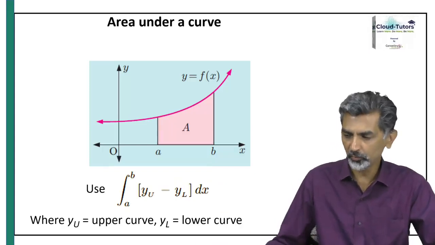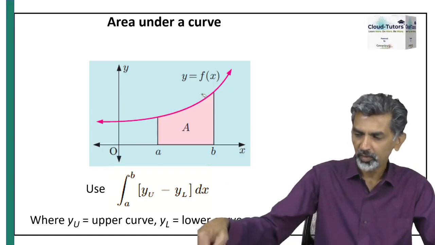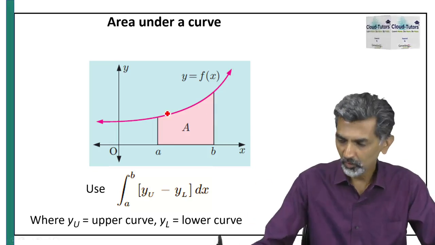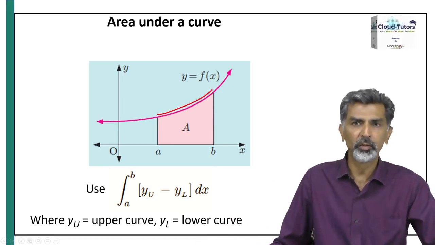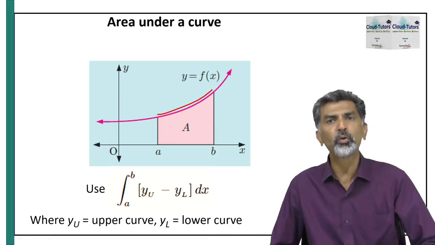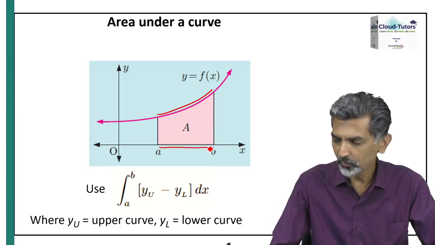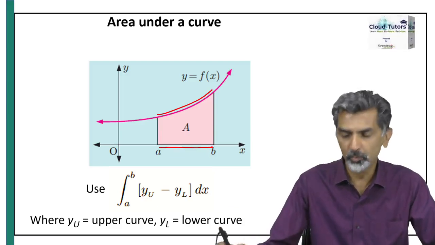If you have a curve which is represented by y is equal to f of x, and you want to find the area under the curve. Now this is the curve here, and you want to find the area under the curve. So what are the four boundaries of this curve? Well, below here you have the x-axis itself, and then the two vertical boundaries.